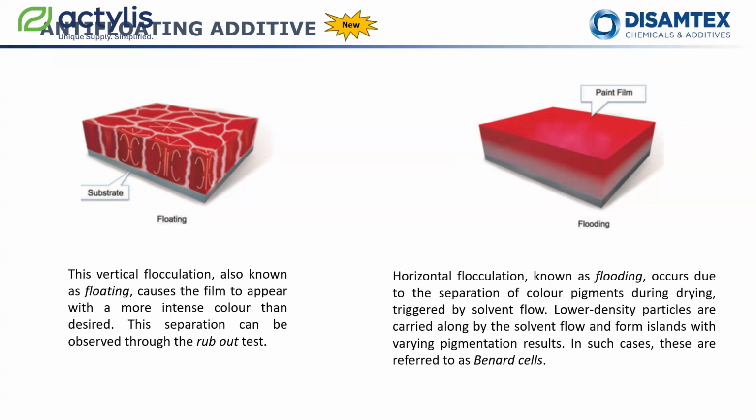And flooding, on the other hand, is a horizontal separation during drying, driven by solvent flow. So lighter pigment particles move with the solvent and form visible patterns or islands. And anti-floating additives like this one, Dacode AF 504S, help keep pigments uniformly distributed through the film.